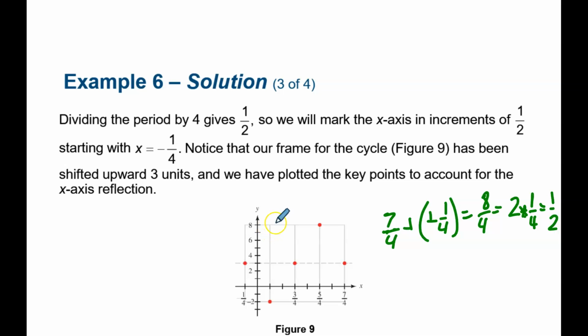So here's our frame. And see, our frame moved up 3 points because k, the vertical shift, was 3, and also 1/4 to the left.